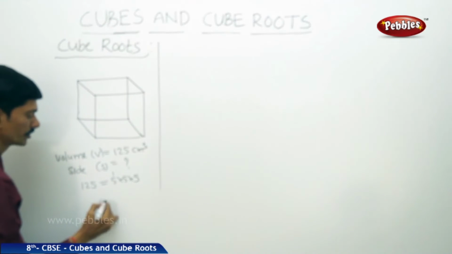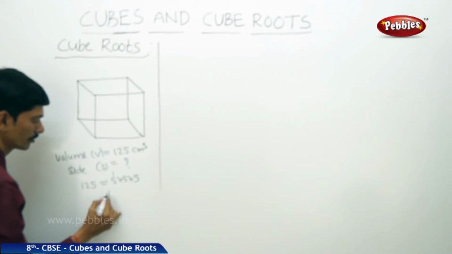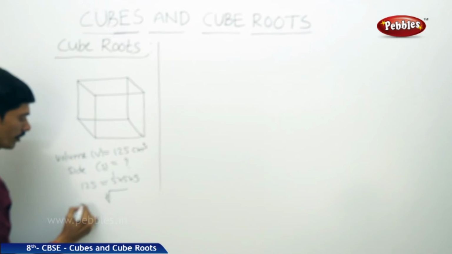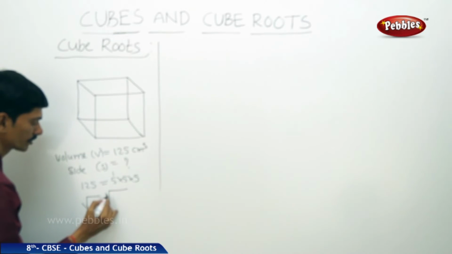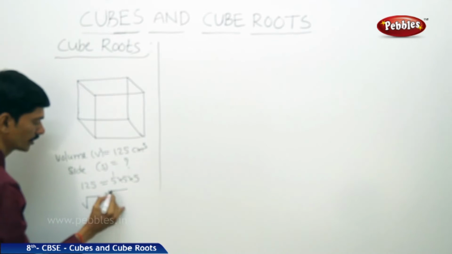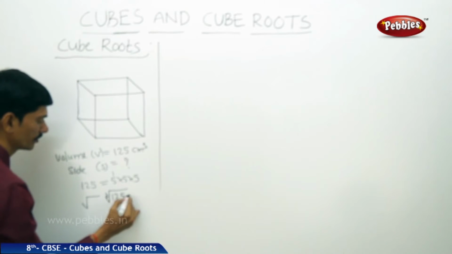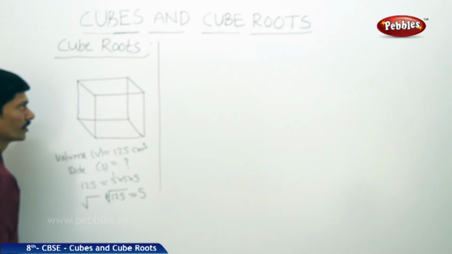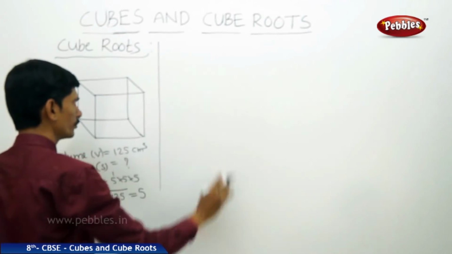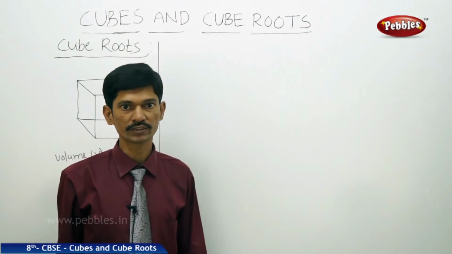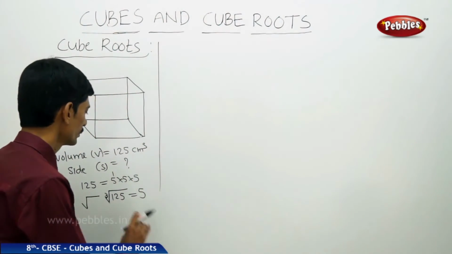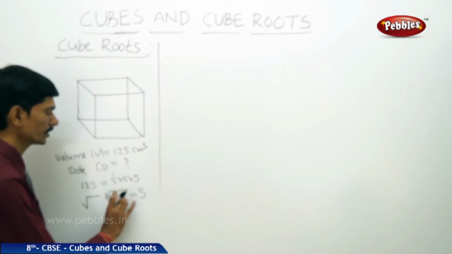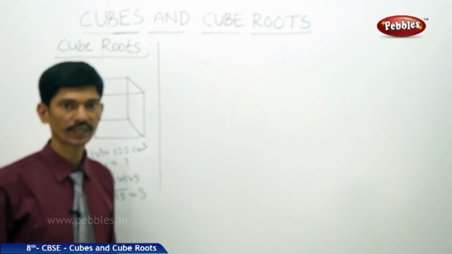The symbol of square root is this, whereas the cube root symbol is the cube root of the required number. The cube root of 125 equals 5. As you know, square root is the inverse operation of finding square. Similarly, finding cube root is the inverse operation of finding cube.